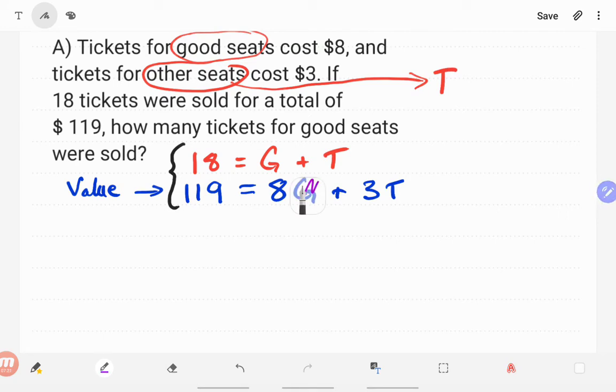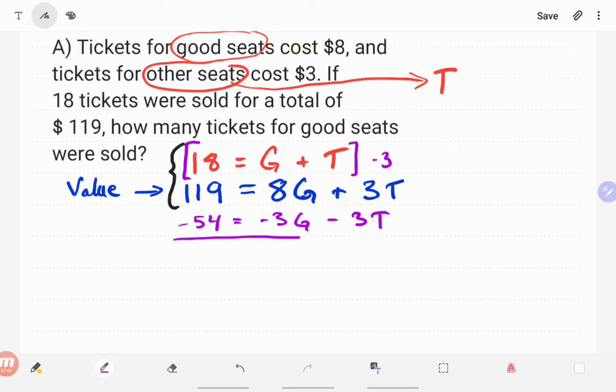Okay, so what I think we want to do is probably multiply this guy right here by -3. If I multiply that by -3, what I end up with is the following. I get -54 is equal to -3G minus 3T, right?